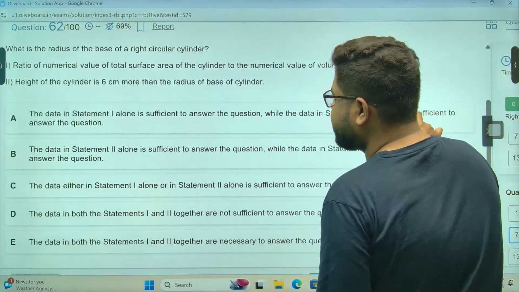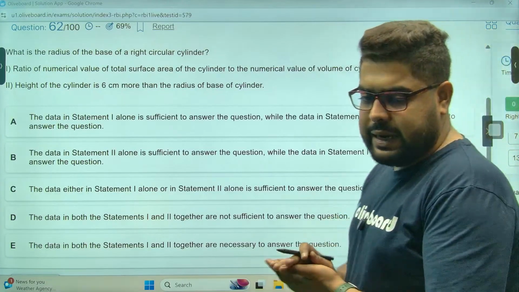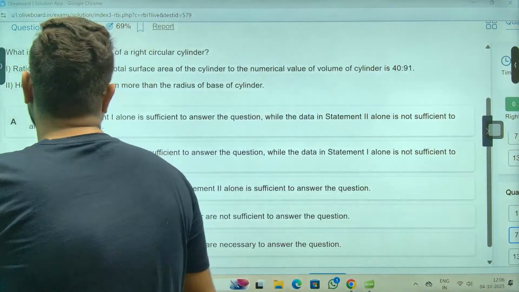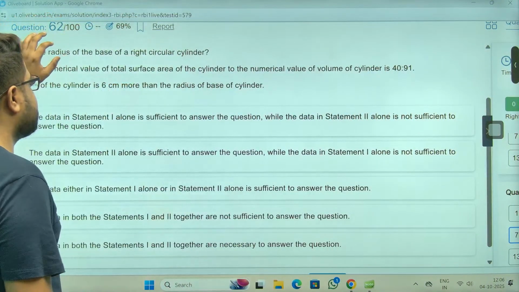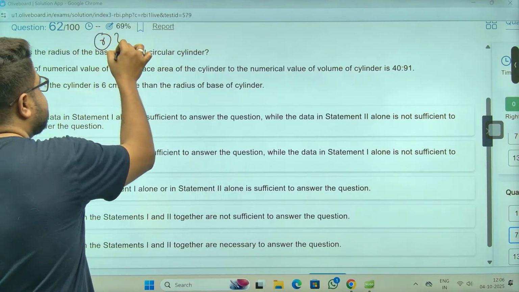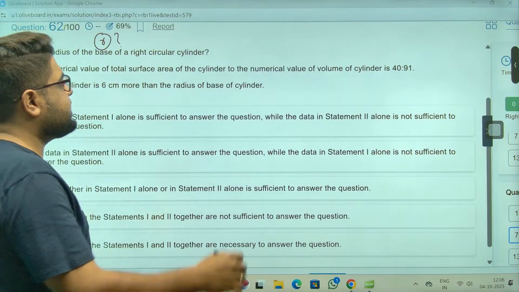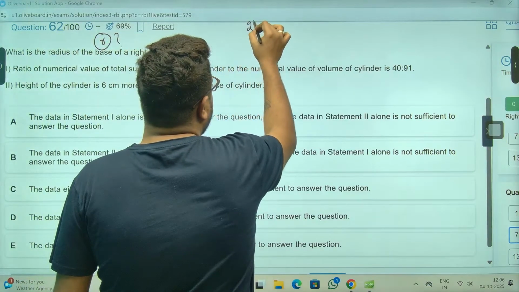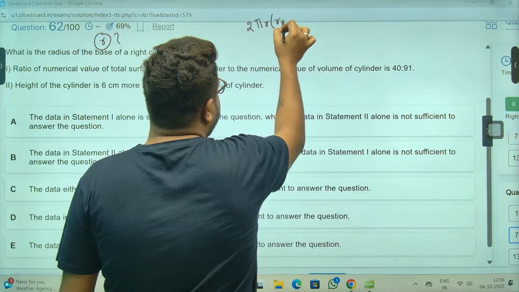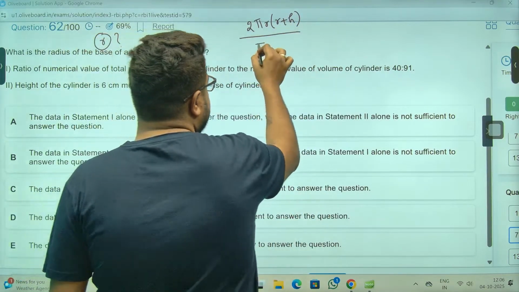So this is a DS question. This is a question based on data sufficiency. Let's do. Chalo sir. What is the radius of the base? So they are asking R. That's the question. First, numerical value of total surface area of the cylinder, 2 pi r plus h, by volume of the cylinder.